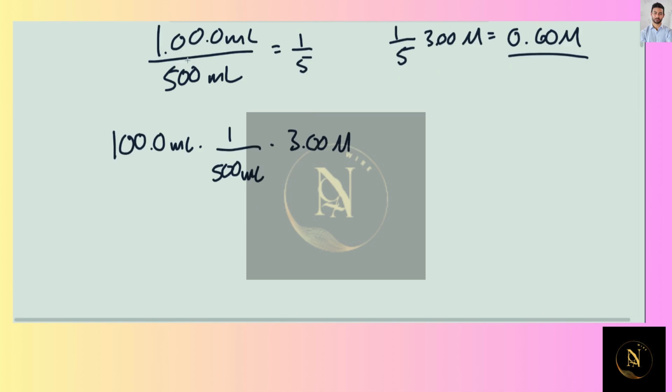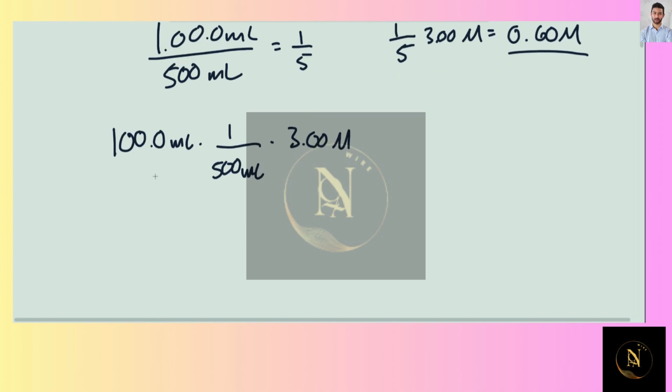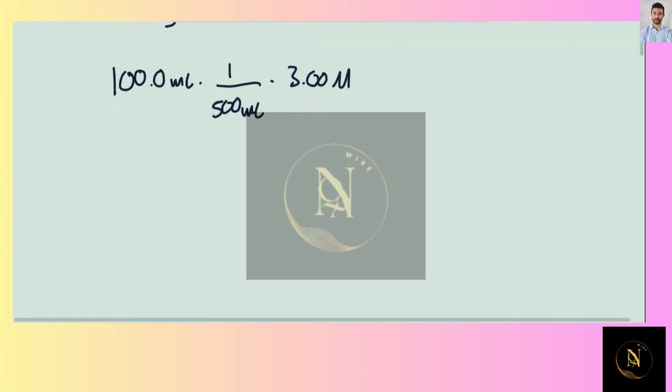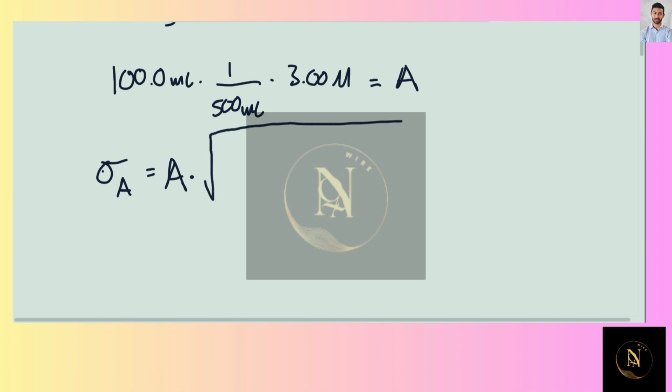There's a rule for how we compute the uncertainty in our final answer, propagating to our final solution. The uncertainty in our final answer, which I'll call sub A, is equal to A itself times the square root of a sum.